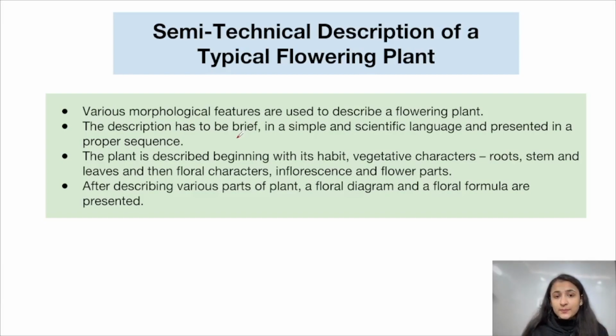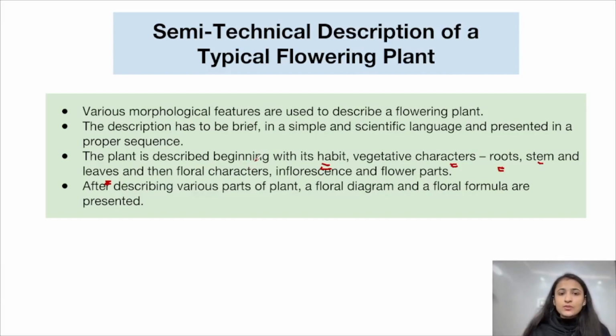and it should be presented in a proper sequence. So what is the sequence? First of all, we describe the habit of the plant. Then we describe its vegetative characters, which include the characters of the roots, the stem, and the leaves. Now we come to the floral characters, or the characters of the flowers. Prior to flowers, we have covered all the other parts of the plant.